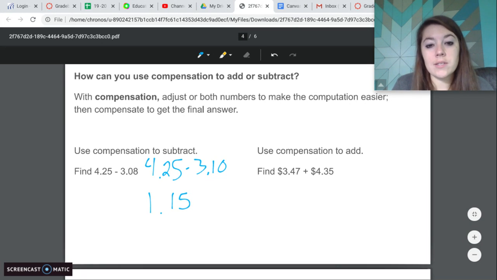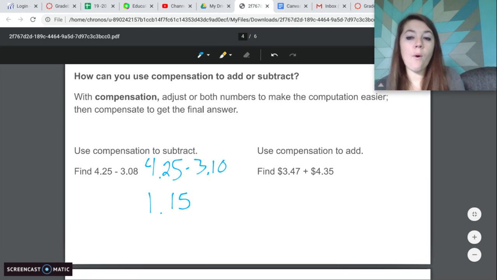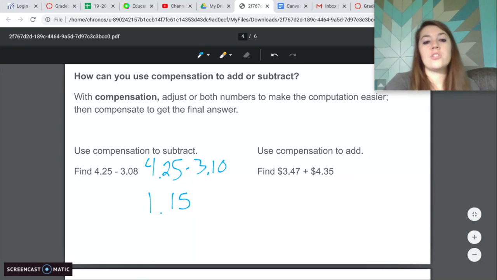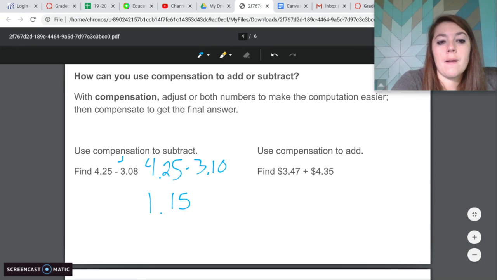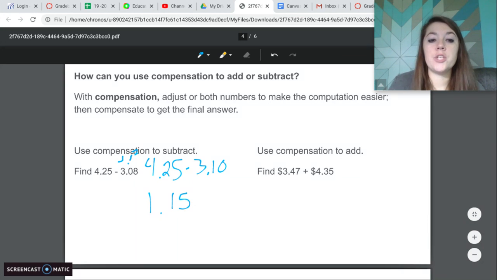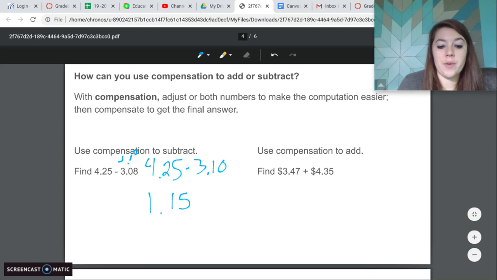But we altered it a little bit. We subtracted more than the original value was, so we increased this by 2 hundredths. That means we need to increase this by 2 hundredths in the end as well. So we have to be really, really careful about how we do this.